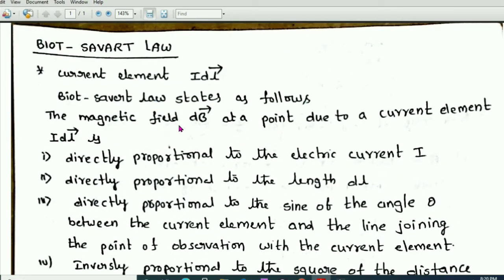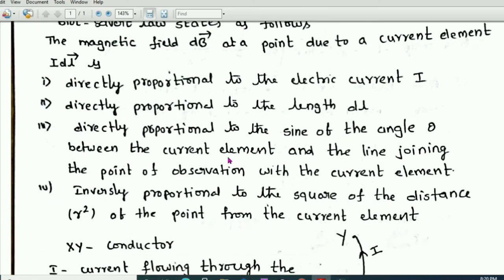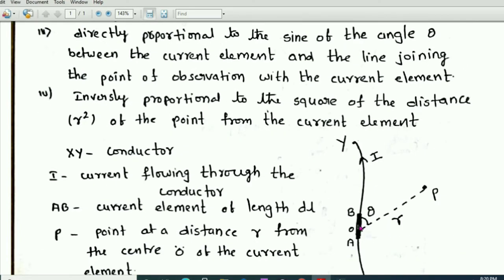Now the magnetic field dB bar at a point due to the current element I dl bar. The length of this element is dl. This is the current element, the product of current and length, I into dl bar. Due to this current element I into dl bar, at point P the magnetic field is dB bar.